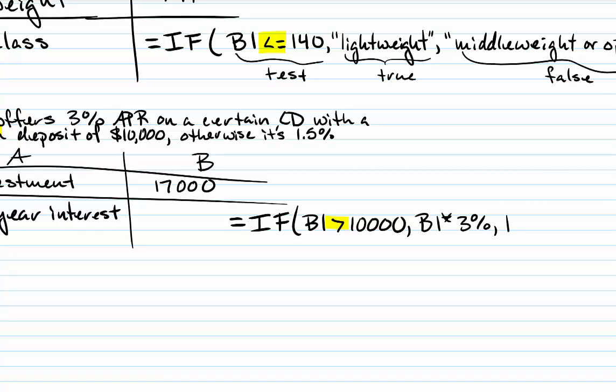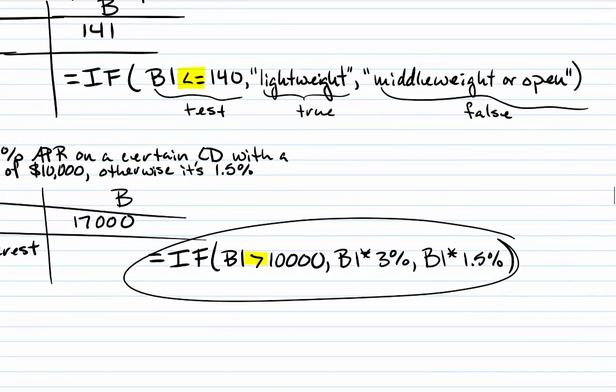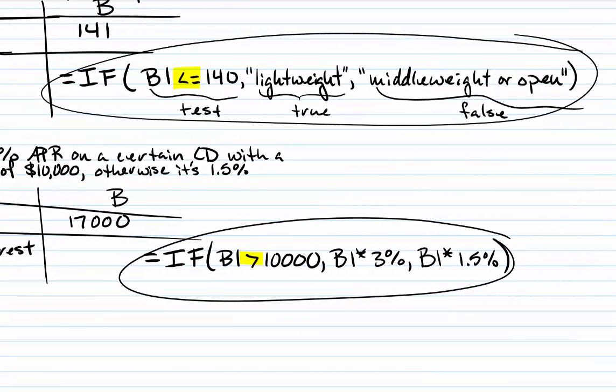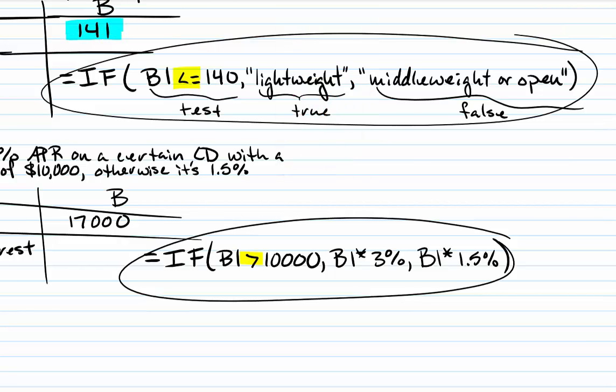Alternatively, if B1 is not greater than 10,000, then the interest would be B1 times 1.5%. So those are the IF functions that you would write in this problem or up here in this problem. We could also discuss what their outputs will be, because I gave you inputs for these.